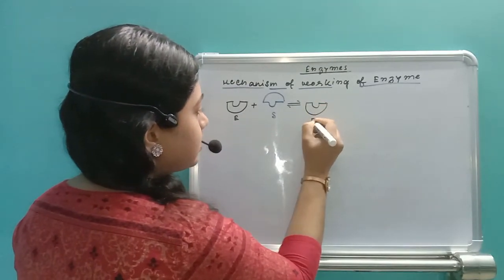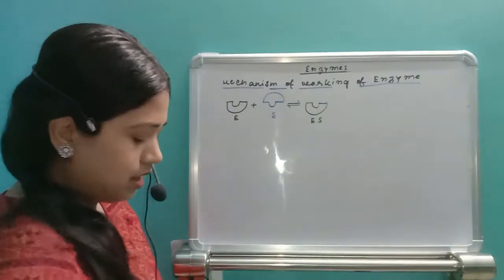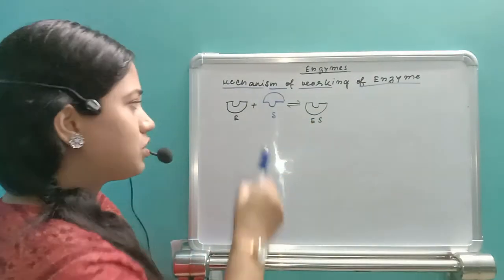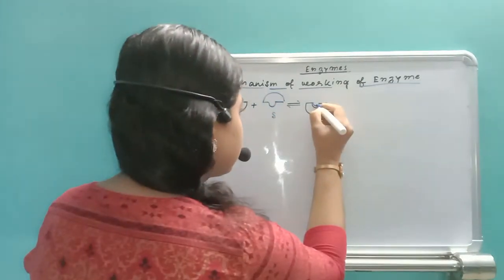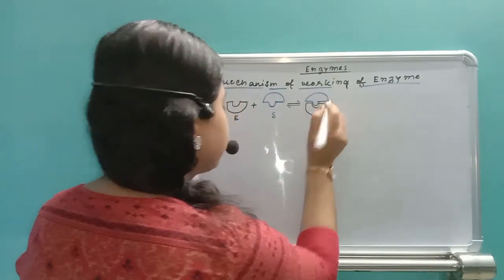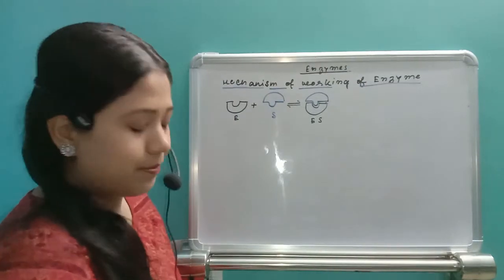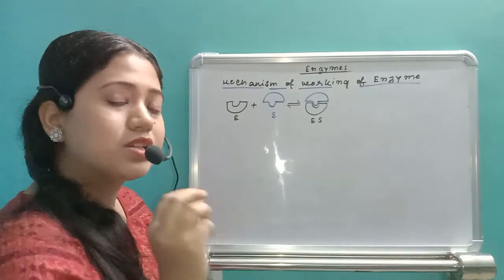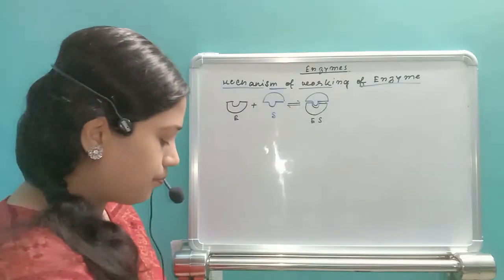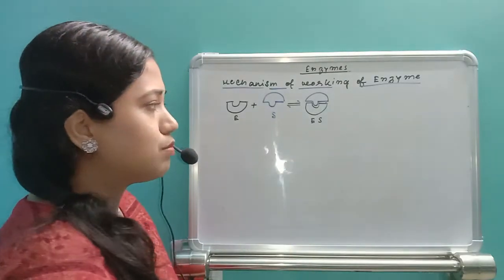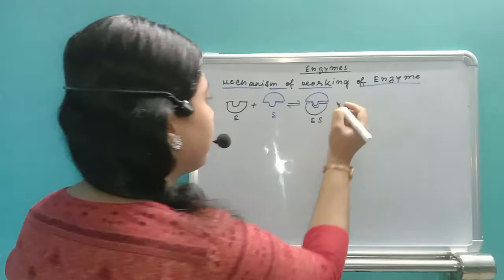This will be the enzyme substrate complex. It means first of all the shape has to be the same. So this is the same shape, that's why this substrate is added to the enzyme. Due to the shape, the enzyme can attach with the substrate. Then an intermediate state has been formed, that is the enzyme substrate complex.